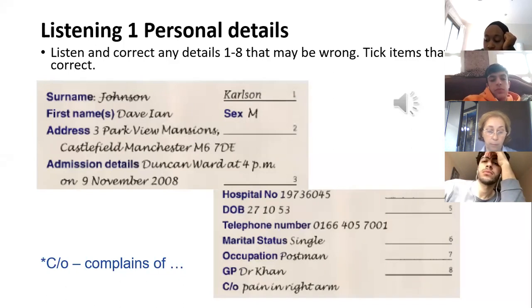When were you admitted? Yesterday the 9th at 2 p.m. Okay, 9th of November 2008 at 2 p.m. Duncan Ward. And do you know your hospital number? Yes, it's here. It's 19733045. Okay, 33045. And what's your date of birth? 7953. Your telephone number?